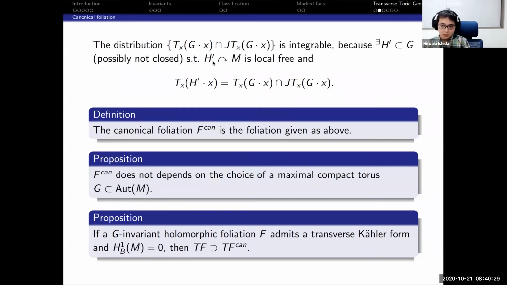So this distribution determines a foliation, a holomorphic foliation. The canonical foliation is the foliation given in this way.